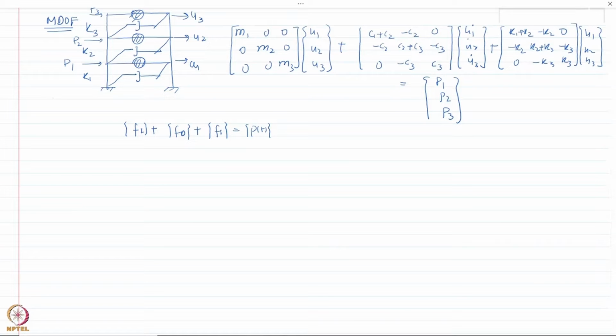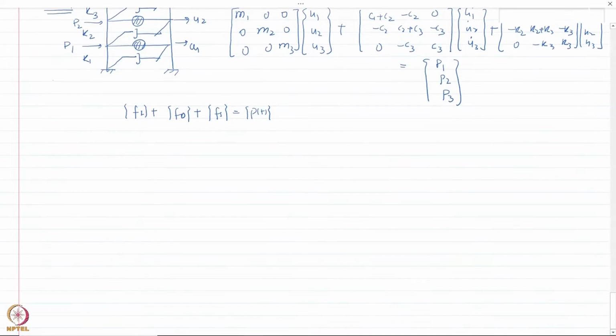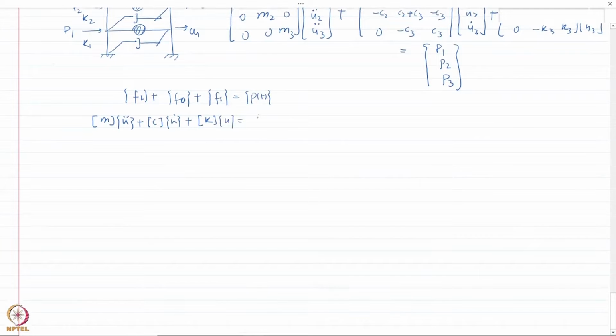And of course, in this case, it can be written as mass matrix times acceleration vector, plus damping matrix times velocity vector, plus stiffness matrix times the displacement vector, equal to the applied force vector.